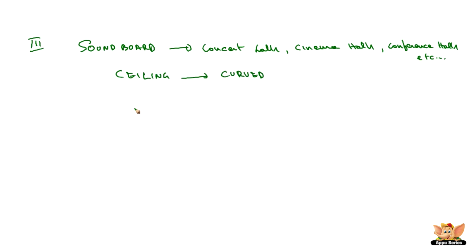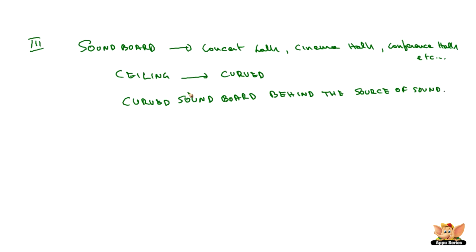Otherwise, if the ceiling is flat, they use a curved soundboard, which is placed behind the stage or behind the source of sound. The best option is, of course, to use a curved ceiling. If not, then they use a curved soundboard behind the source of the sound.